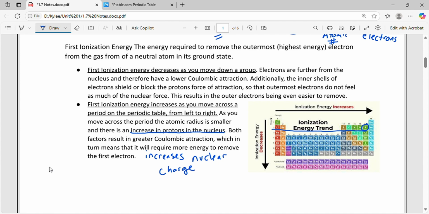So as we go to the right, ionization energy increases. And again, that's because even though we're adding electrons, we are also adding protons, and that increases the nuclear charge, which in turn gives a greater attraction to the nucleus. So it's going to be much harder to remove that electron from fluorine than it would be from oxygen.